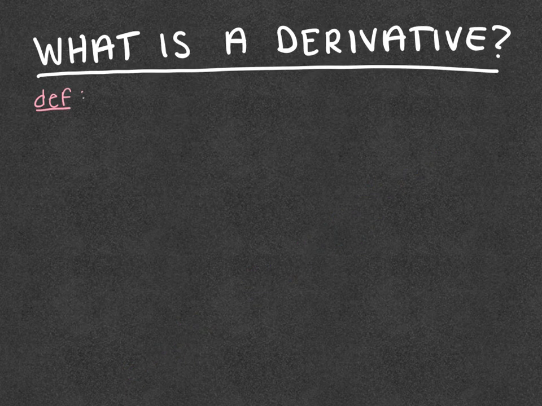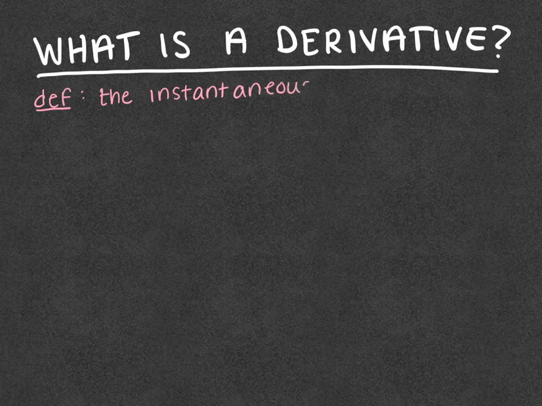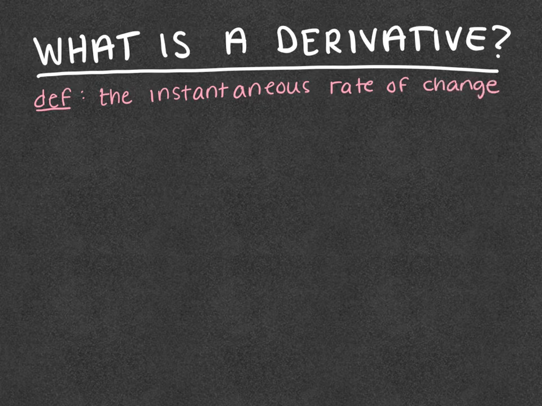So a derivative is the instantaneous rate of change of a curve.